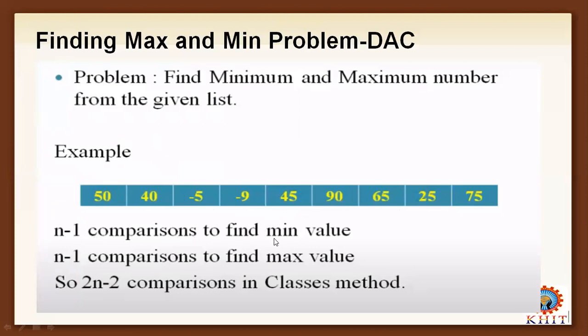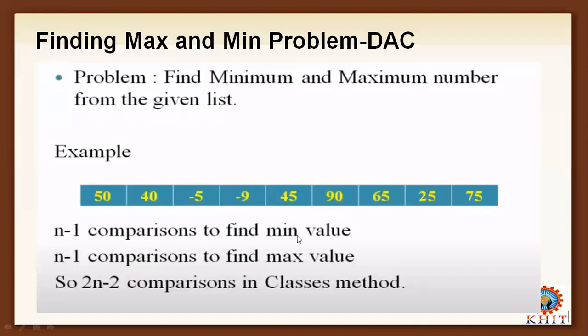The number of iterations or comparisons required to find the minimum element or the maximum element from the given array is n minus 1 comparisons to find the minimum value, and n minus 1 comparisons to find the maximum value.